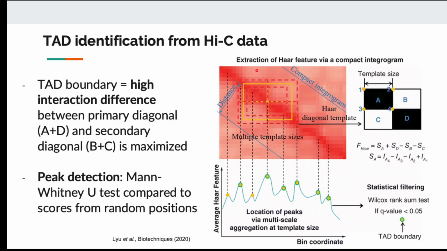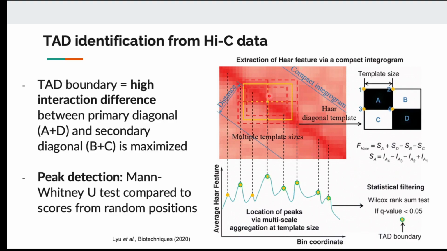So a simple score is this: if you focus on this yellow box and you think that the middle of the box, where my mouse is, is a boundary between two adjacent TADs, then conceptually we expect to see this kind of pattern. The A region, which is on the diagonal, should be very dark. The D region, also on the diagonal, should be very dark. But the B and C, which are off-diagonal, should be very light.